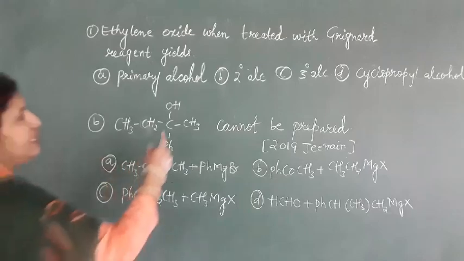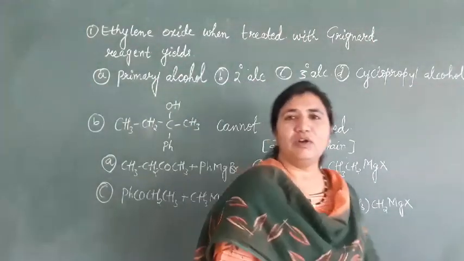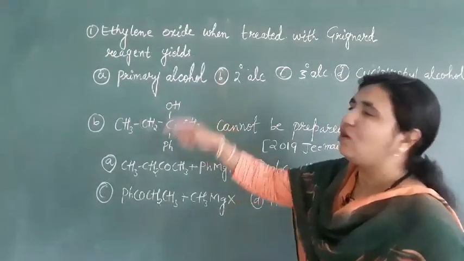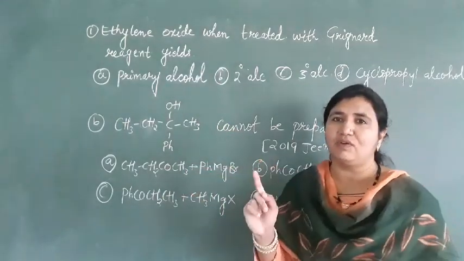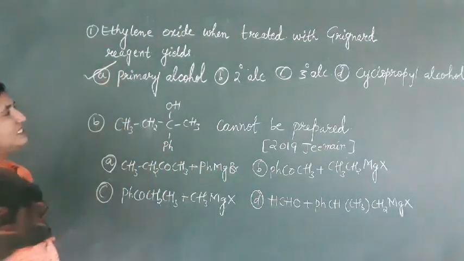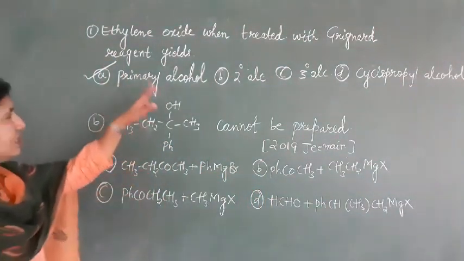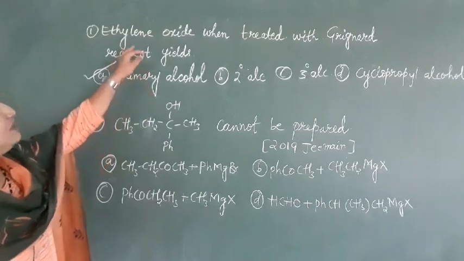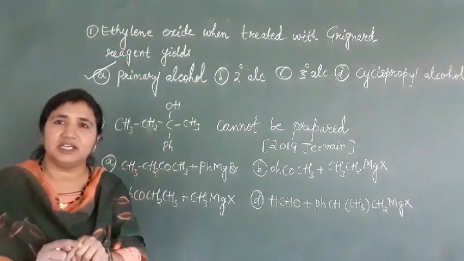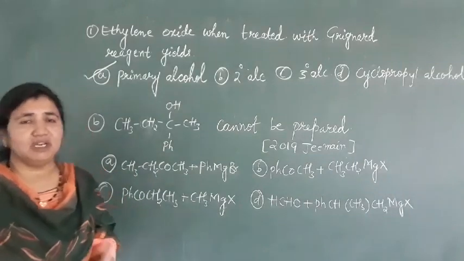Primary alcohol, secondary alcohol, tertiary alcohol, cyclopropyl alcohol. Ethylene oxide gives a primary alcohol, CH2O. So the first option A is the correct answer. I think I missed this one in the key points. Please write that also. Ethylene oxide when treated with Grignard reagent always gives primary alcohol.